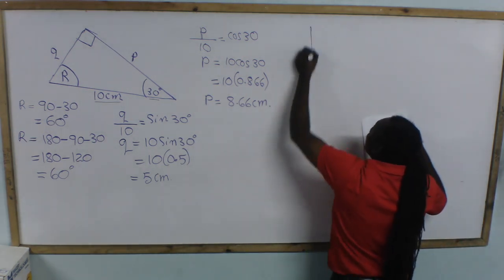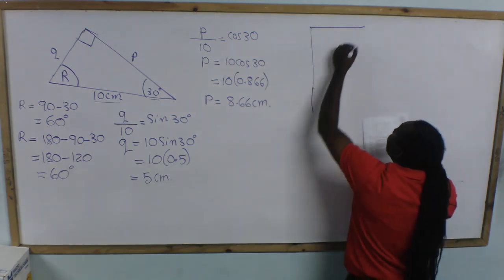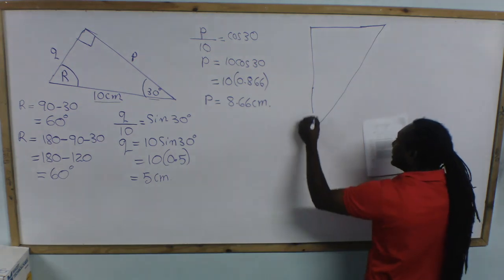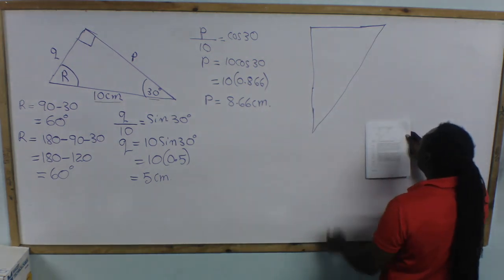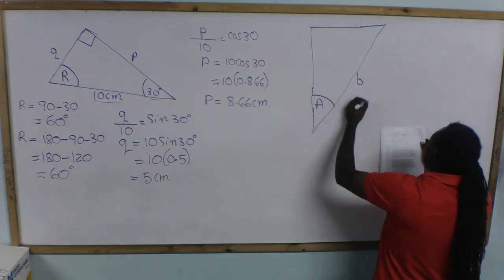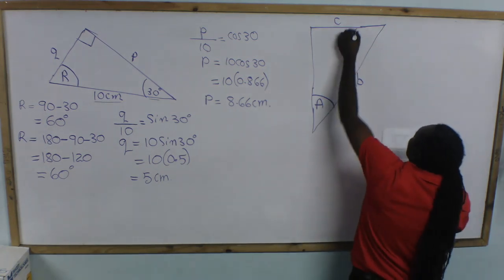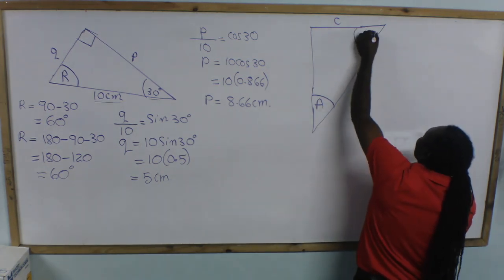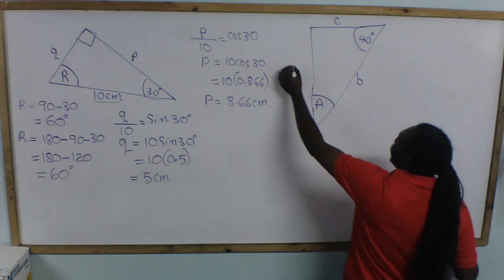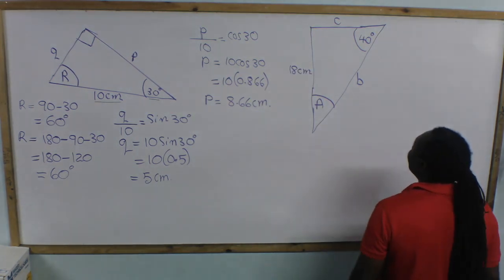Another one. We will come across circumstances in which you will have to use a previously calculated value. Say this is 40 degrees. This is 80 centimeters.